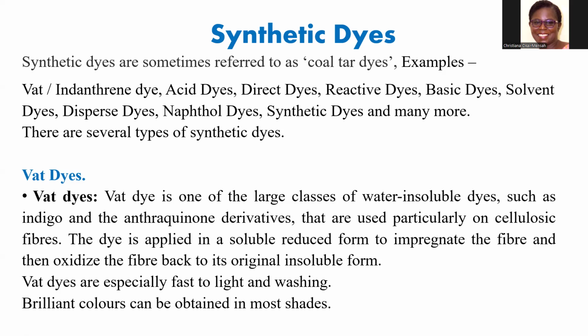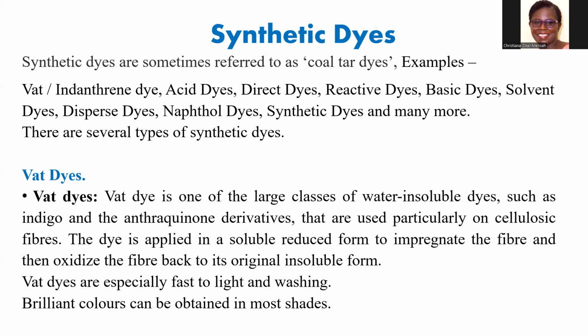The VAT dye is one of the large classes of water insoluble dyes, such as indigo and the anthraquinone derivatives, that are used particularly on cellulosic fibers. The dye is applied in a soluble, reduced form to impregnate the fiber and then oxidize the fiber back to its original insoluble form.